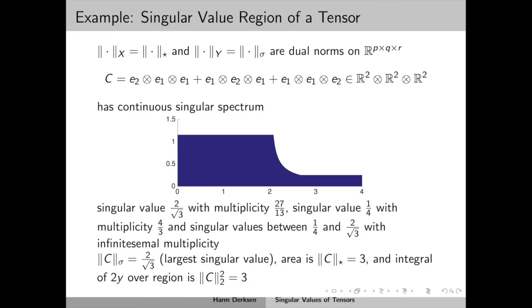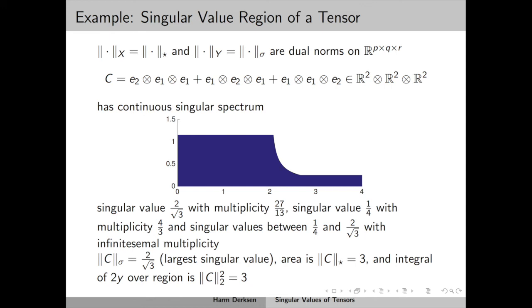And if you think of this as a function of the graph, then to get the square of the L2 norm, you have to integrate the square of the function. Or equivalently, you could integrate 2y over this whole region. Then you get, again, the value 3, which is the square of the Euclidean norm.